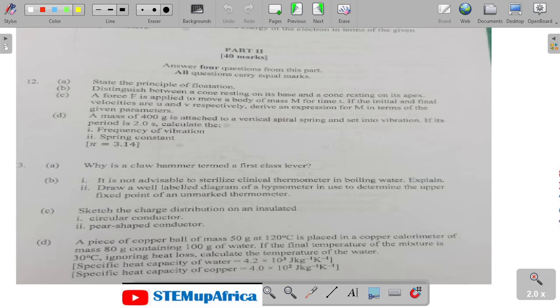Question 12a is state the law of flotation. State the principles of flotation. 12a.